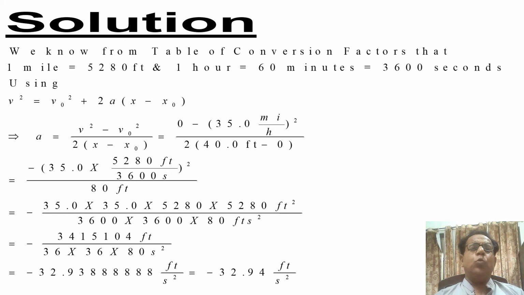We round it as minus 32.94 because the digit next to 3 is 8, and 8 is greater than 5, so we take this value as minus 32.94 feet per second squared. So acceleration has become equal to minus 32.94 feet per second squared.